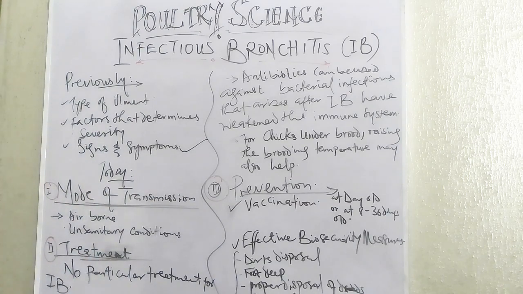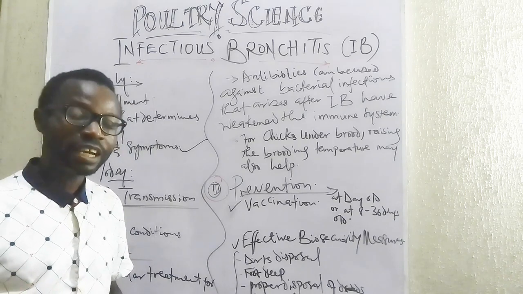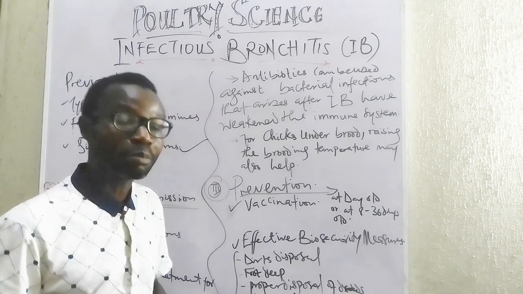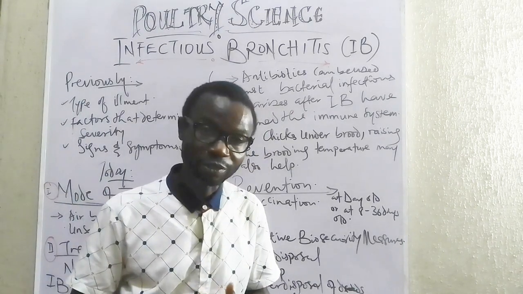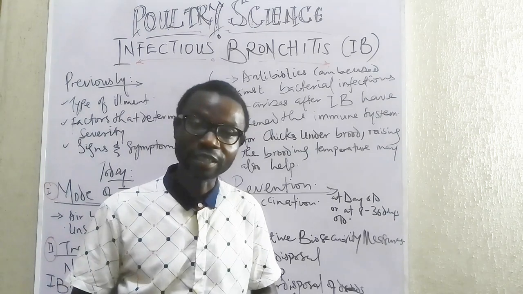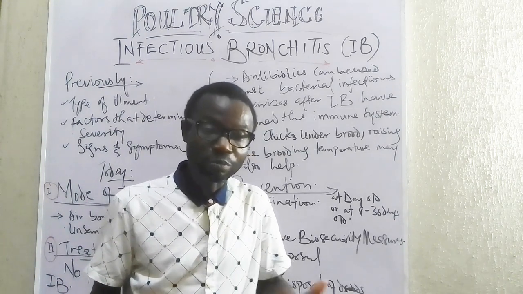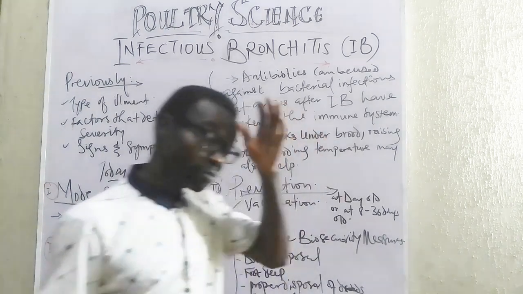Now, like I said previously, last class I said that viral diseases are not mostly treated, but they can be managed. More often than not, you have to look at biosecurity measures and then vaccinate when the animals are very young, and also in between after some days.